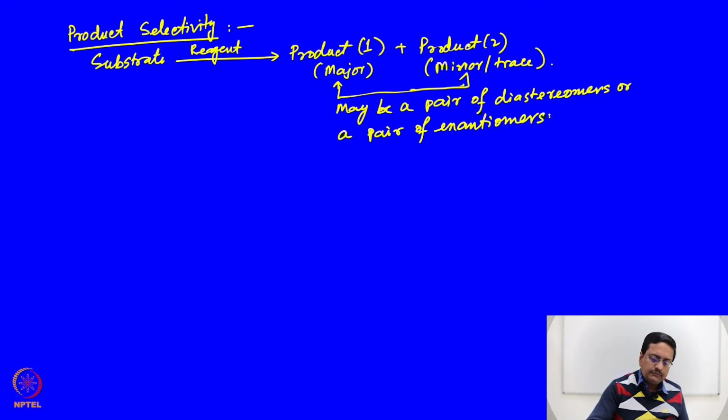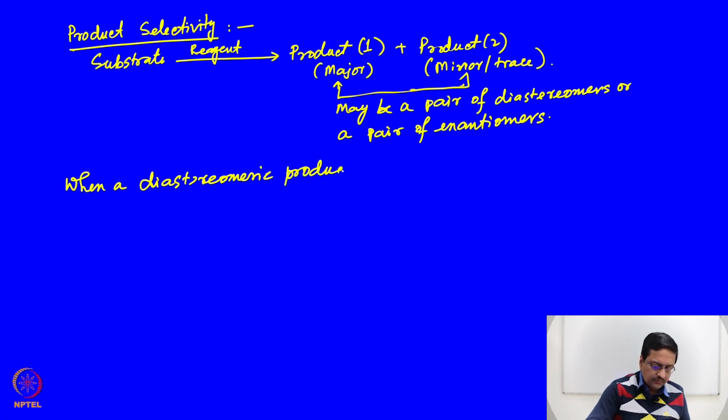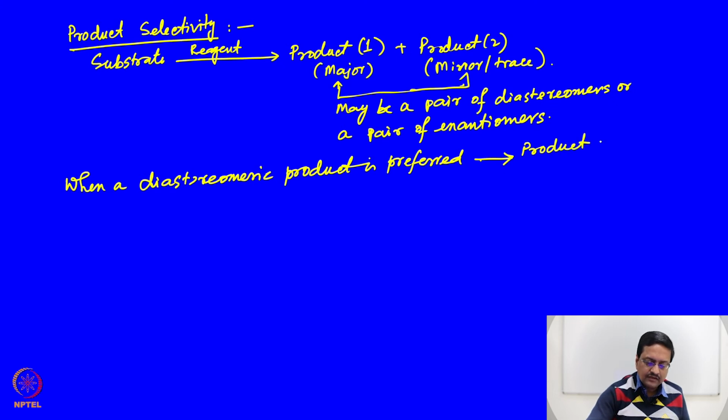So when a diastereomeric product is preferred, then the reaction is called product diastereoselectivity.